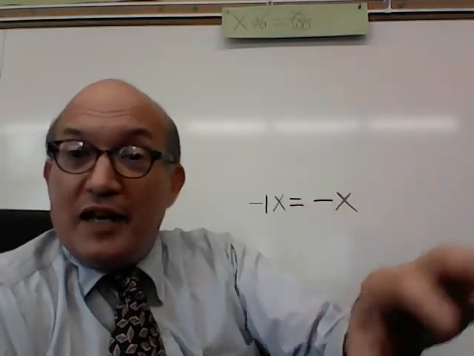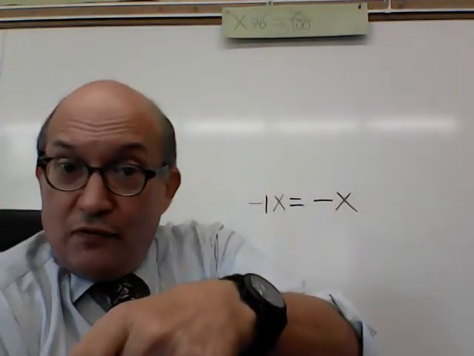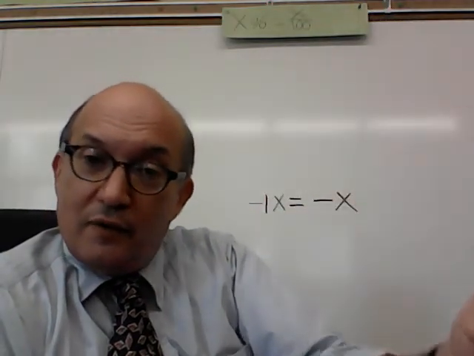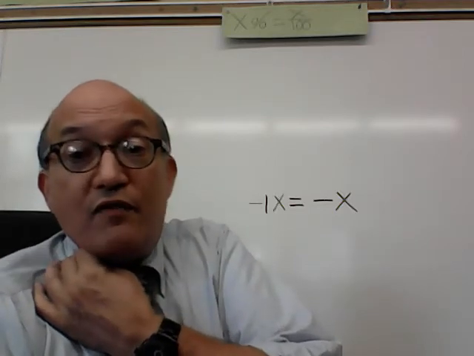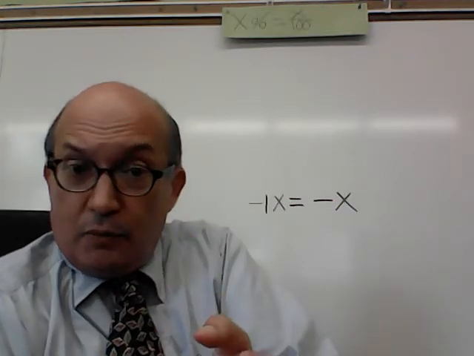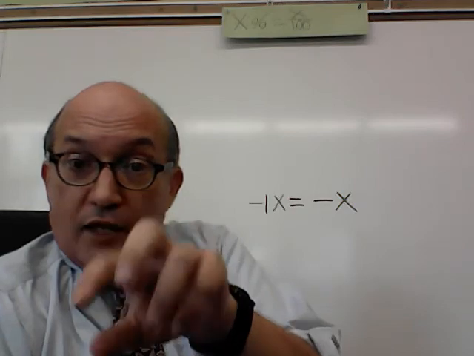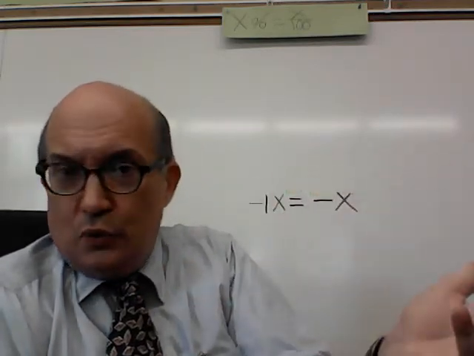So 5 plus negative 2, you do 5 minus 2, and the answer is positive 3 because the 5 was positive, and that was further away from 0 than the negative 2. But if you do negative 5 plus 2, different signs, you're still going to subtract, but this time the answer will be negative 3 because the negative 5 was further away from 0 than the 2.